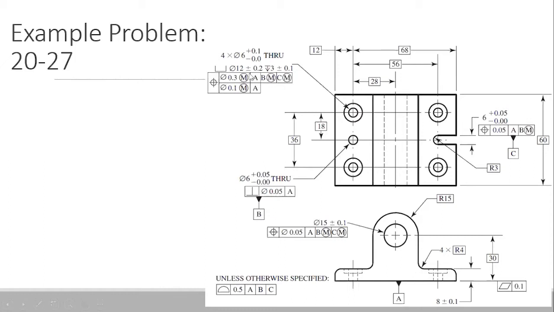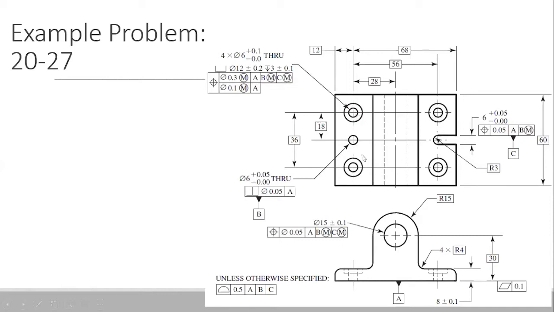Remember, this is a feature reference frame, a rectangular block. It has a position tolerance, and it has two levels, level 1 and level 2. It has a different connotation; we have not gone through the explanation for two different levels. It basically says that you have a position control on this hole itself, and on the group of holes that you are seeing.